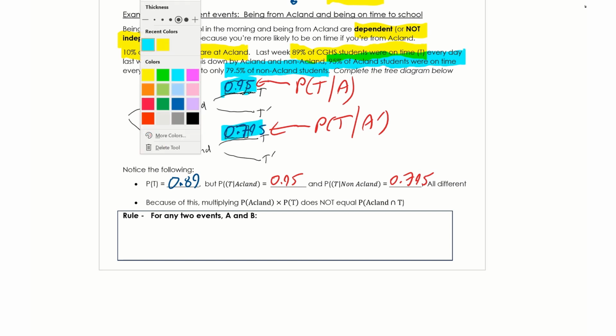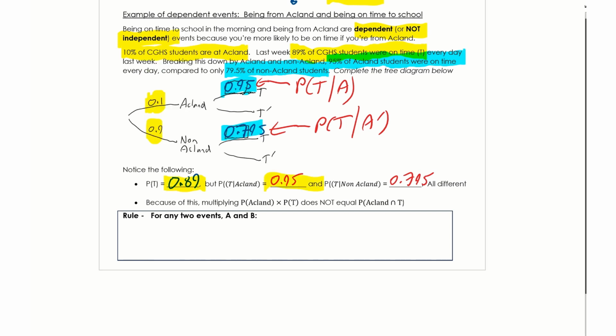Because these are not the same, we know that the events being from Auckland and being on time are not independent, or they're dependent. So an easy way to tell whether two events are independent or dependent is by comparing the probabilities on the equivalent branches and seeing if they're the same or different.